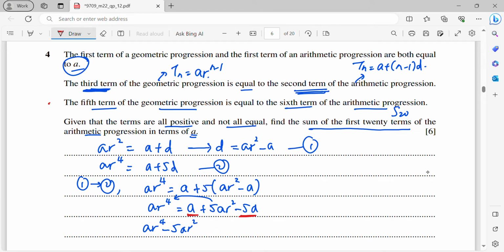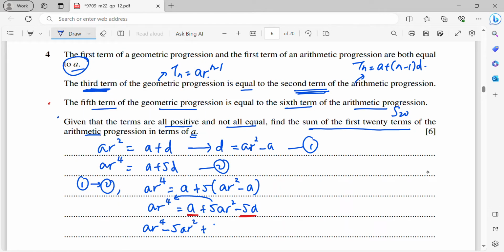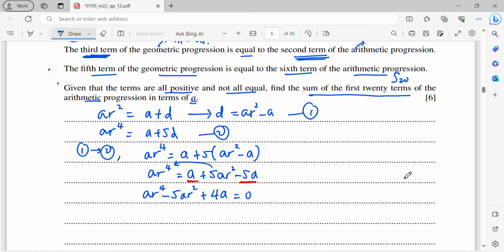This negative 4A moves to the left hand side and becomes plus 4A, equals 0. Now I notice that all the terms on the left hand side have A, so I can just divide the whole equation by A, and you will be getting the equation in terms of R squared.